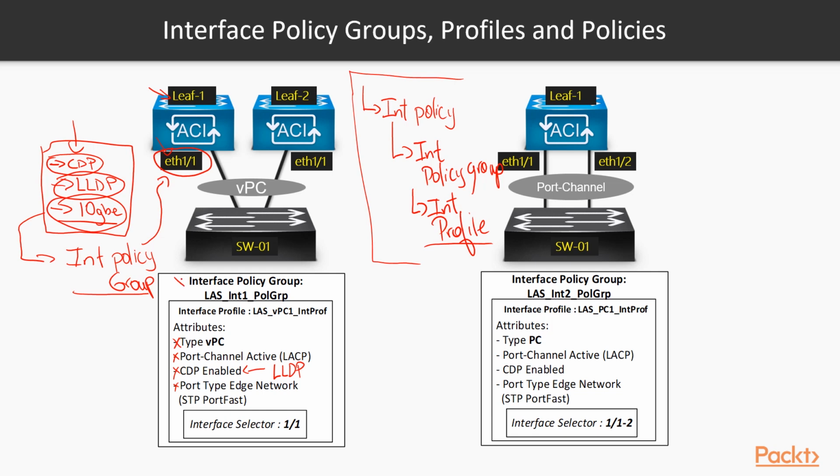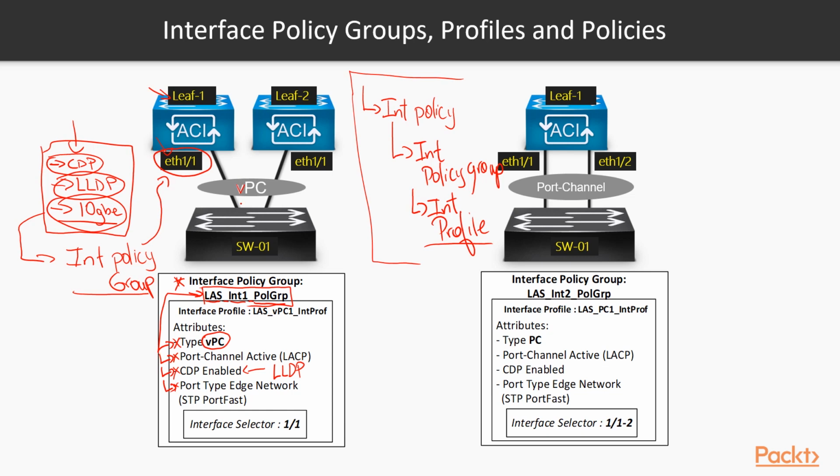We have an interface policy group. It is called LAS. LAS stands for Las Vegas. Let's imagine we have our data center in Las Vegas. So we're labeling it as LAS underscore interface 1 policy group. Inside this policy group, we have the following policies. We want to make this interface part of a VPC.